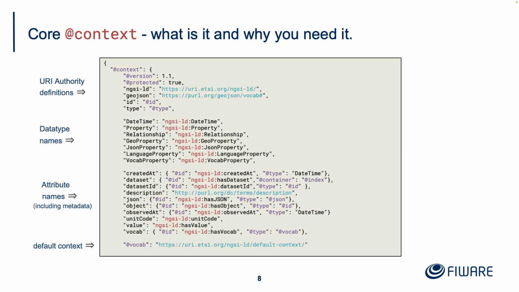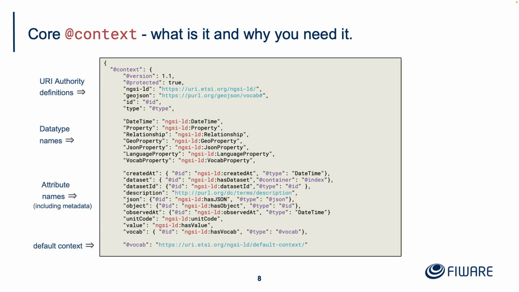The core context has got an attribute @protected, which means that you can't override these terms, but it does once again define a series of authorities, one of which is ETSI, another of which is GeoJSON, because GeoJSON-LD is a thing, but it also maps a few attributes to JSON-LD terms.